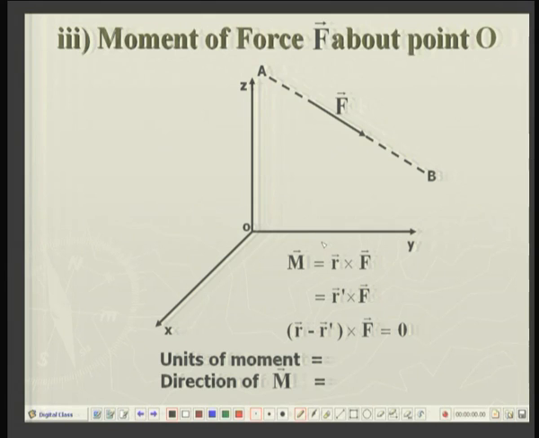Now, what is vector r? Vector r can be any point on the line of action of force F, whether I take this as a point or this as a point or this as a point. So, these are the different position vectors.